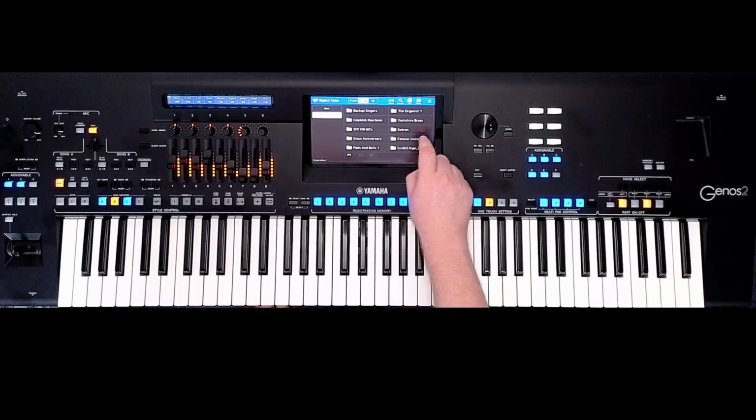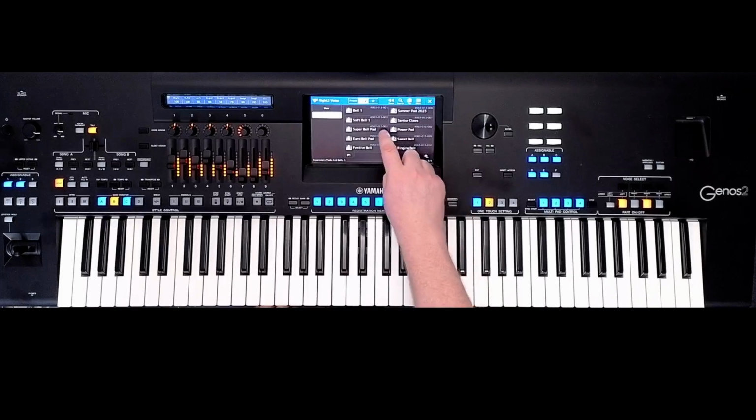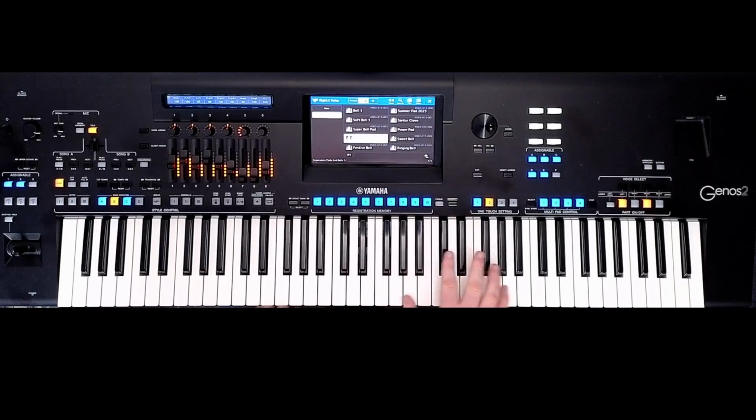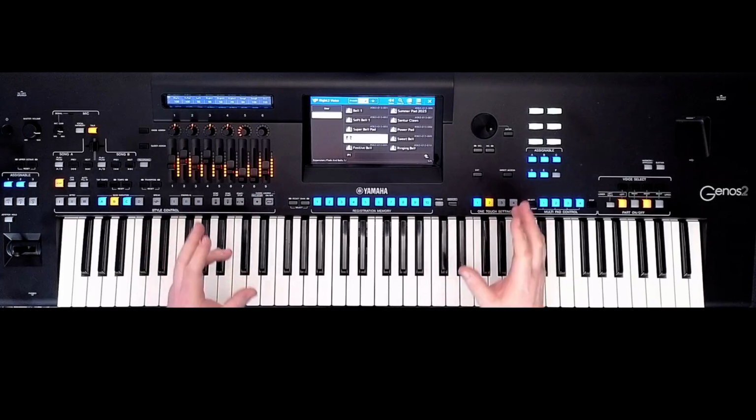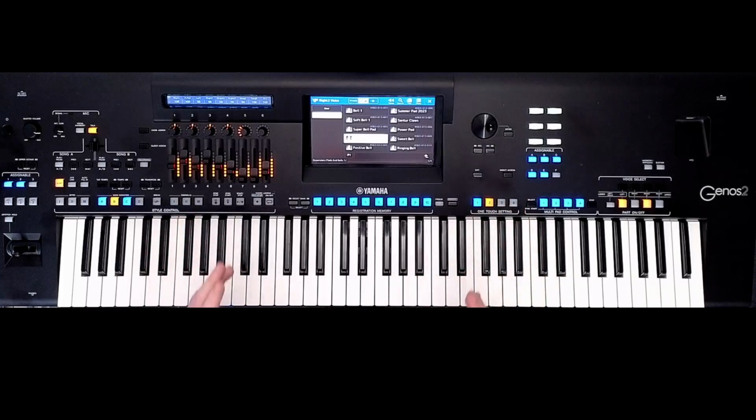But it does open up a whole world. I'm trying to find the... oh, there we go. This sort of Euro bell pad. Because the bells and pads in the Genos are very, what I would describe as, FM. They are very Yamaha.